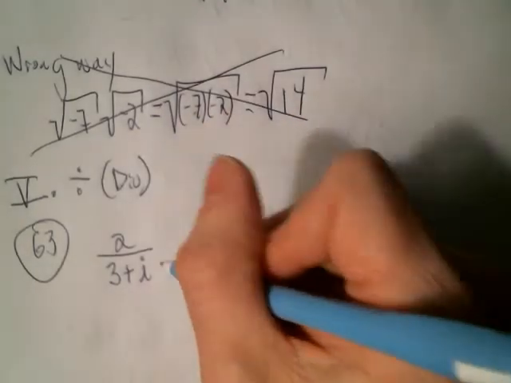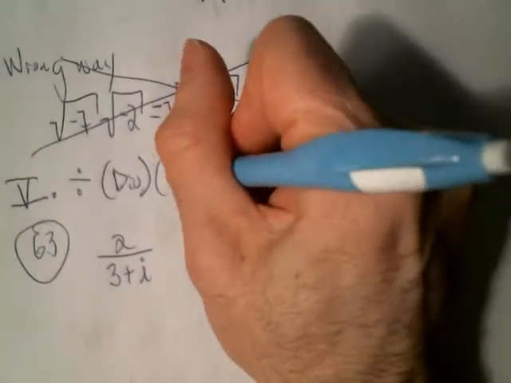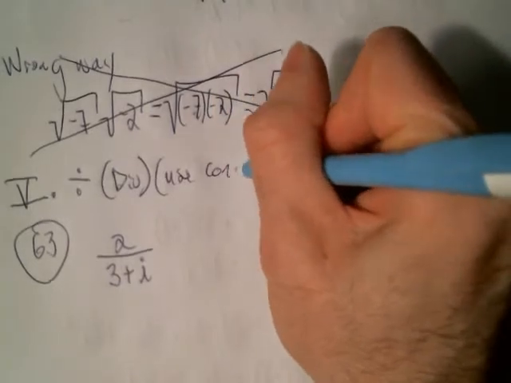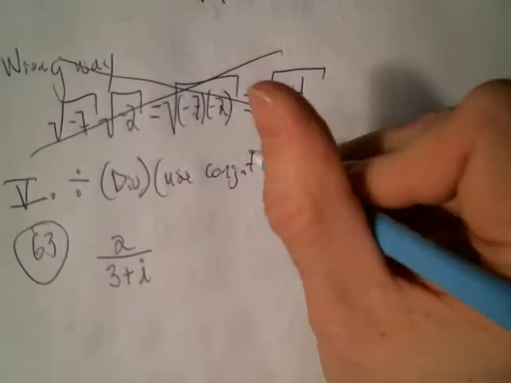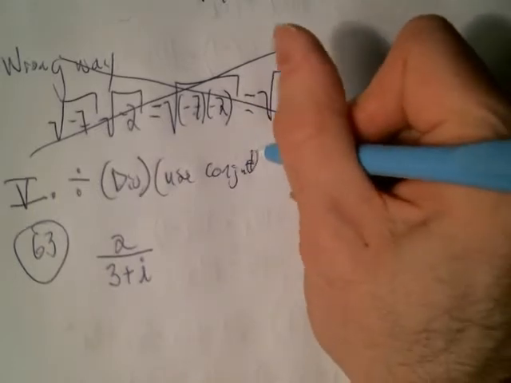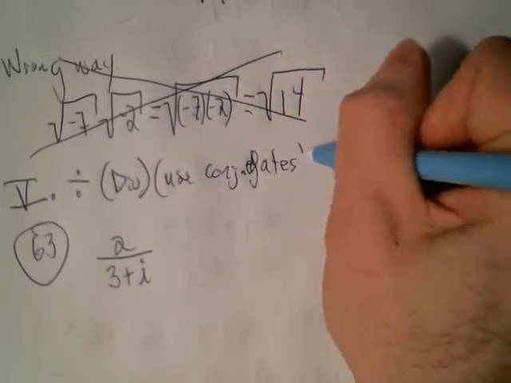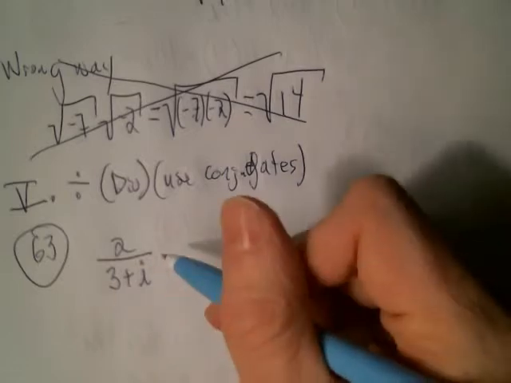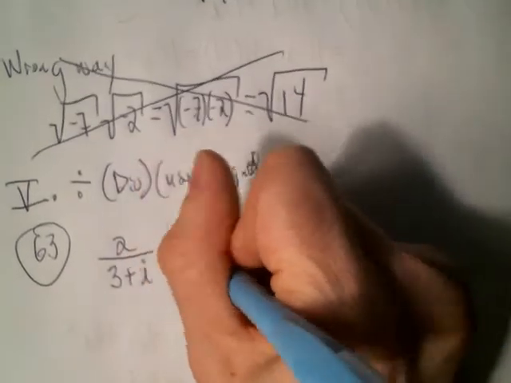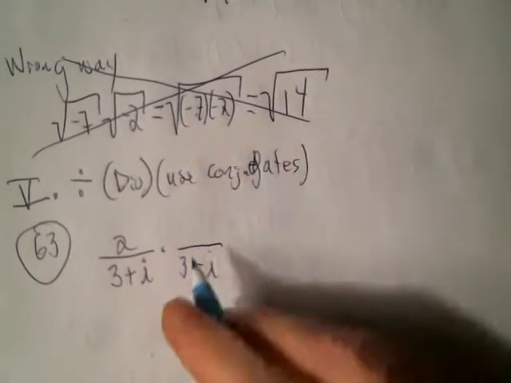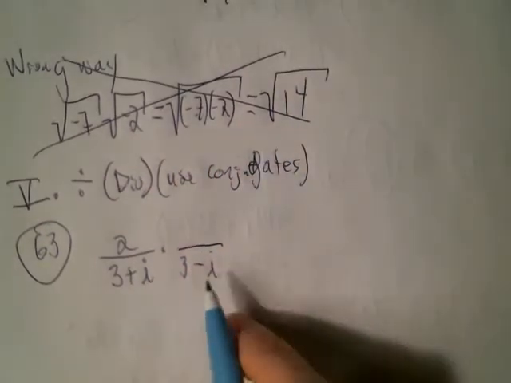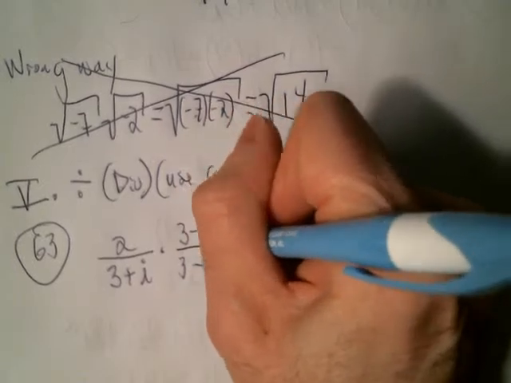To do the division, you use conjugates. And it's going to look a lot like what we did with rationalizing denominators. So in the top and bottom, you're going to multiply by 3 minus i. You just take whatever's here and replace the plus with a minus. If you do it to the bottom, you have to do it to the top.